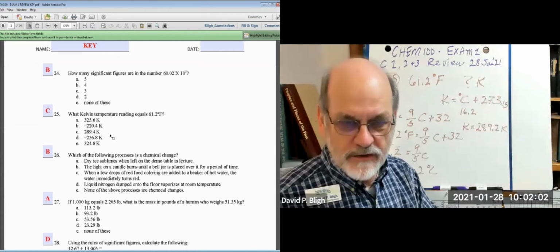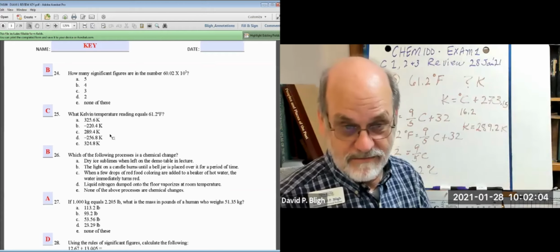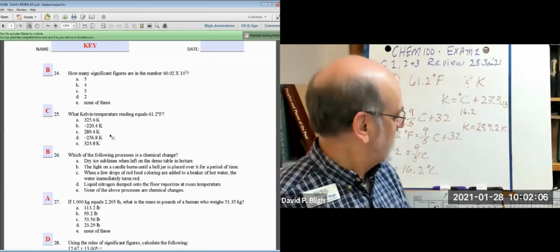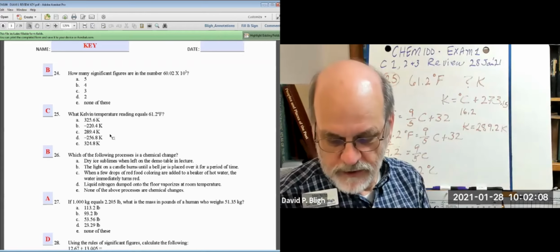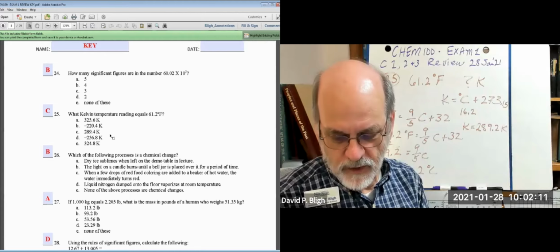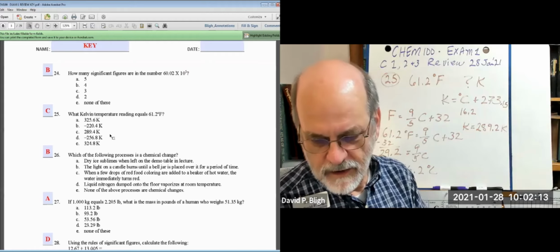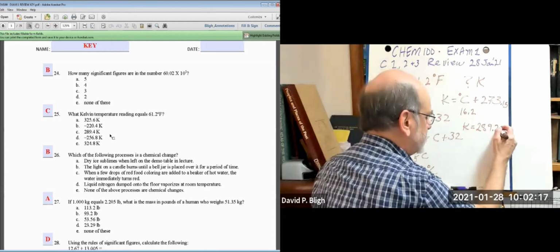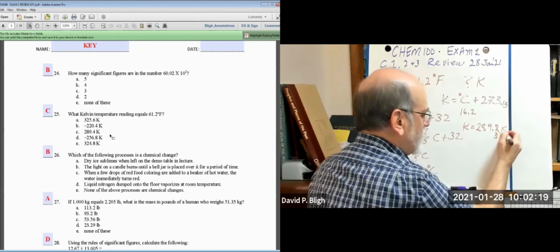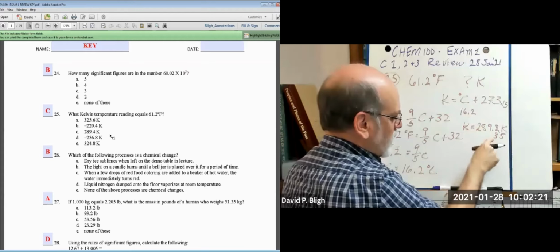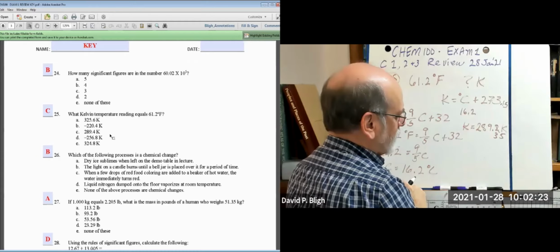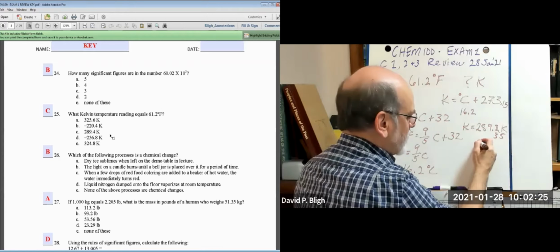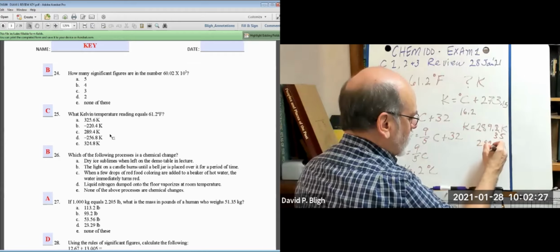But if the authors that devised this question said that it's 16.2 and then 273.15, then we get 289.35. Rounded up to one decimal place, because that's all we can keep, then we have 289.4.